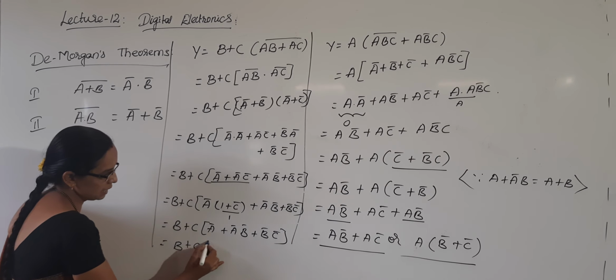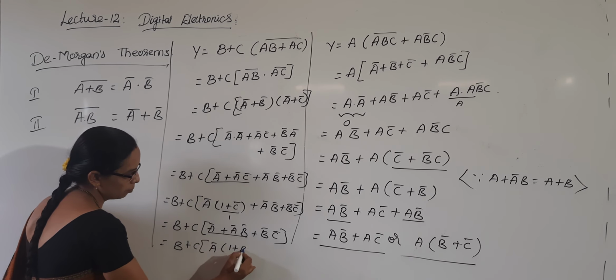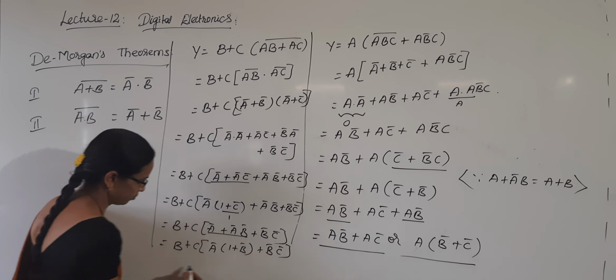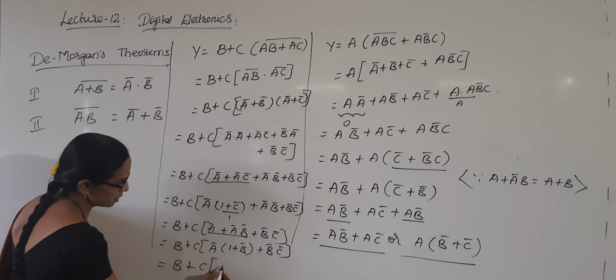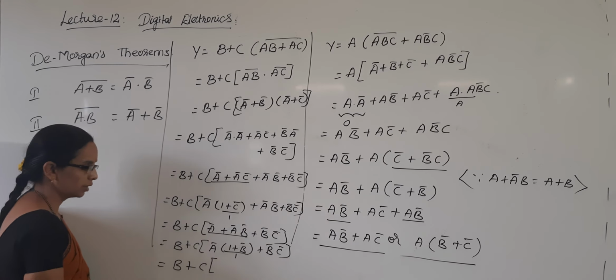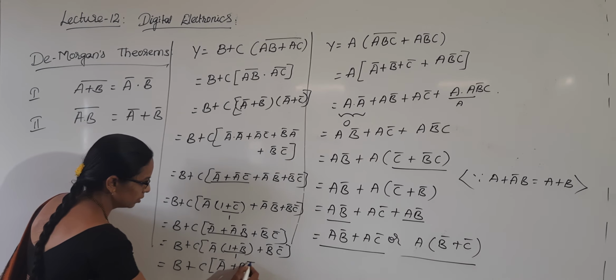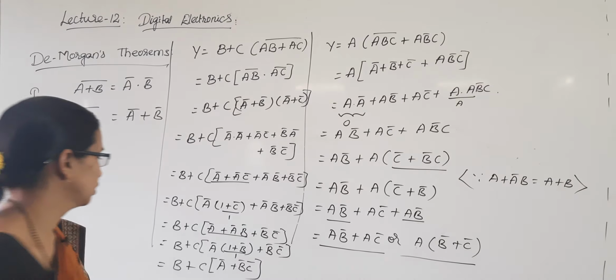B plus C, you will take A bar common, 1 plus B bar, plus B bar C bar. The last step it is B plus C, it will be 1, A bar plus B bar C bar. I will continue here.